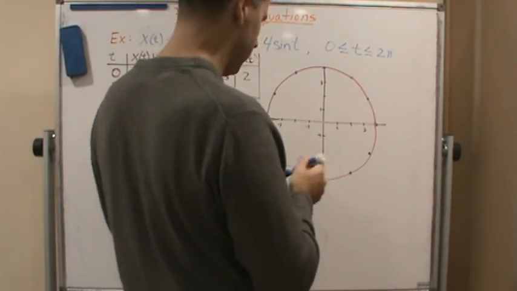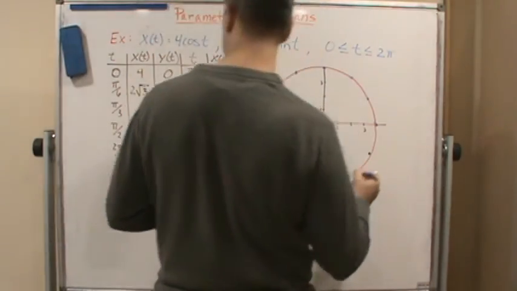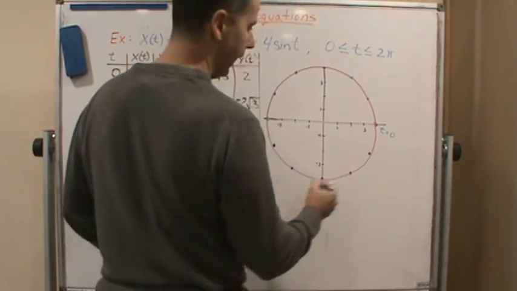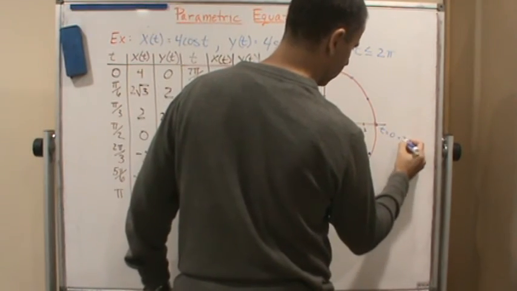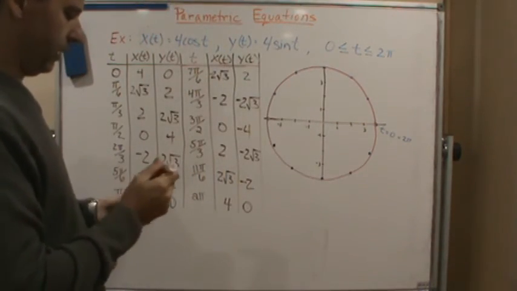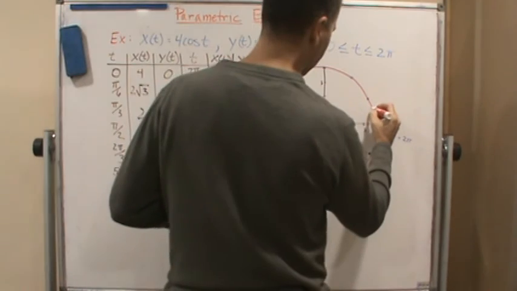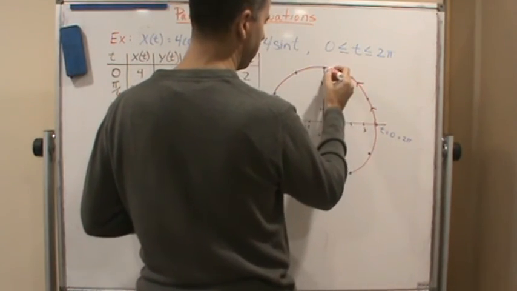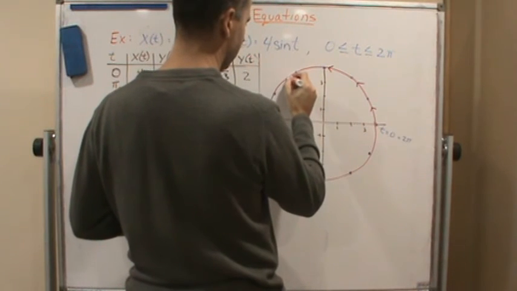So again, we start here. This is at t equals 0, and also t equal to 2 pi. Okay? And we start here and we go, let's put our orientation in, right? So we put our directional symbols.